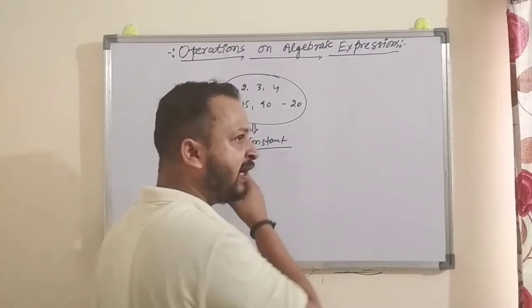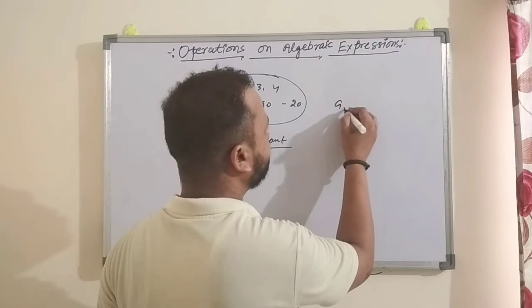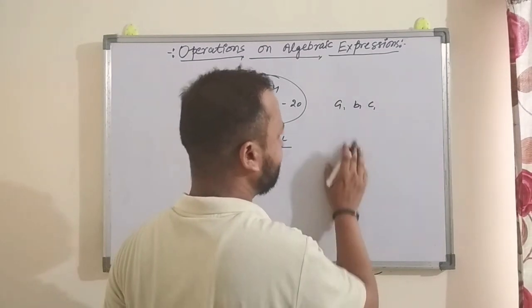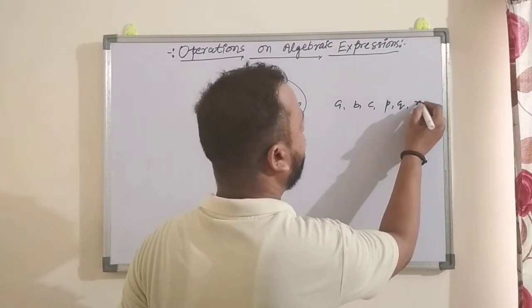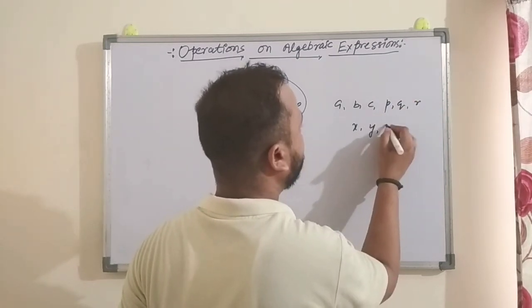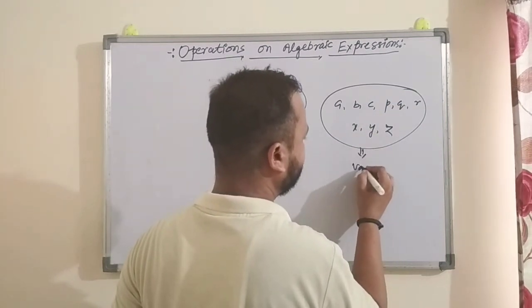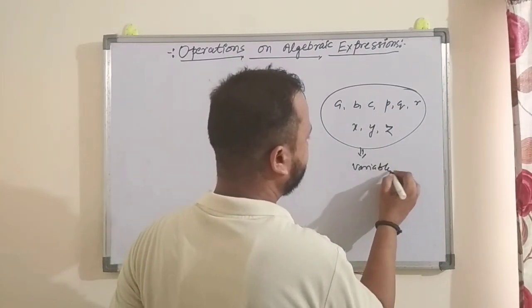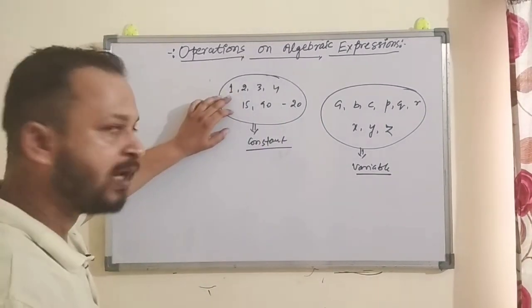And if some terms are written as, suppose, a, b, c in small letters, the alphabets p, q, r or x, y, z, they are known as variables. Why are they known as constant? Because the values are fixed.